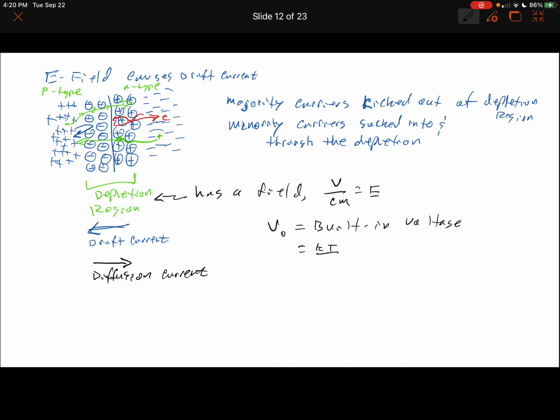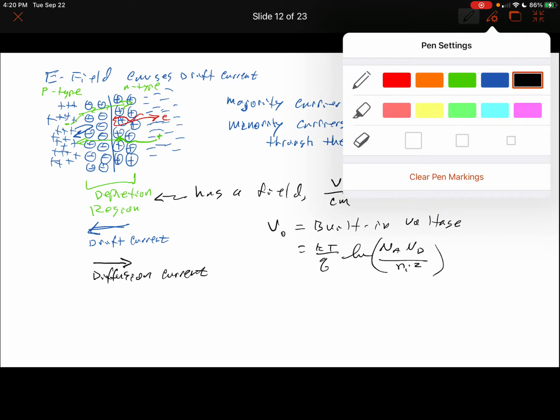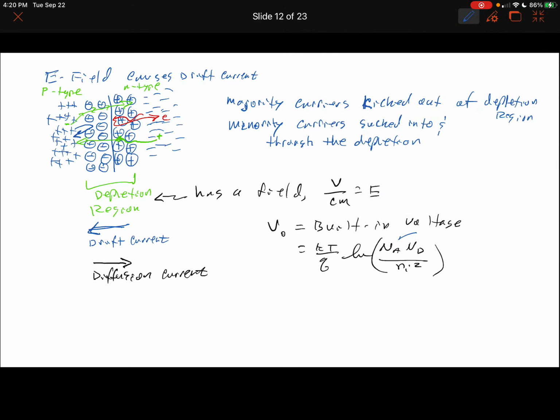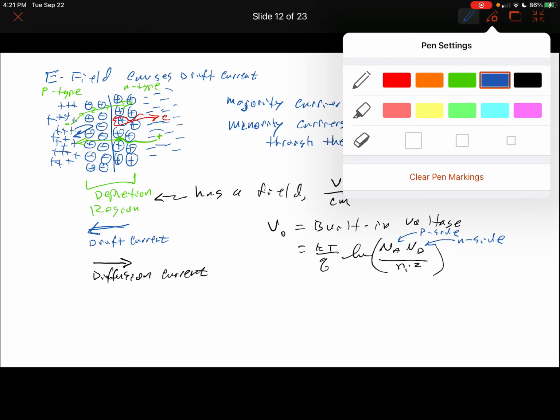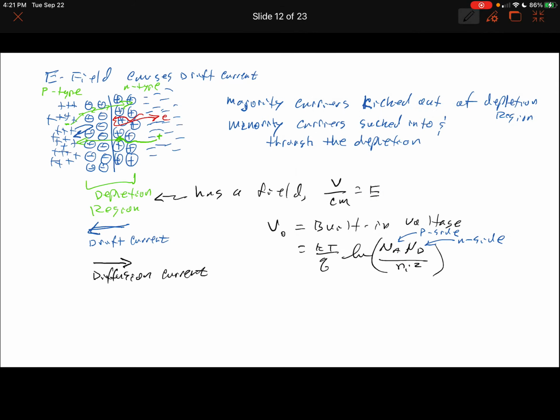But that built-in voltage will be kT over q times the natural log of Na times Nd over Ni squared. That is, Na is the p-type doping, and Nd is the n-type doping, and Ni squared is (1.5 e10) squared.